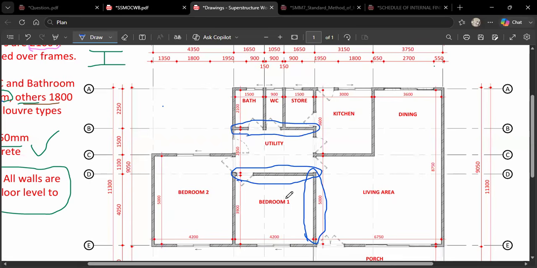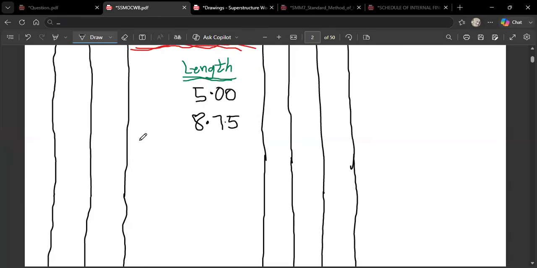So 4.2, to avoid writing too much, we just come here and do 2 times 4.2. That is going to give me 8.40.